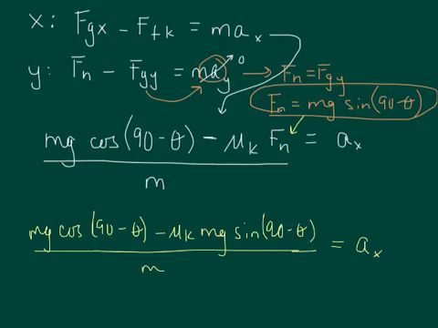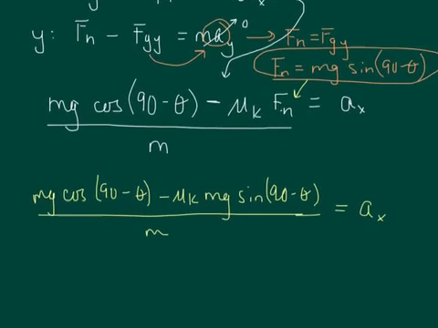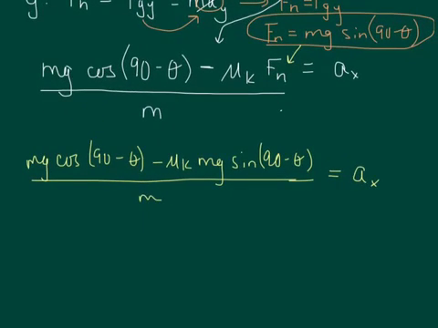Okay, so again, all we did was plug in. Let's go ahead and cancel our m's. Remember, if there's an m in every term, you're good to go. The first term, this is one term right here. It's all multiplied. There's a subtraction symbol, which means this is another term.